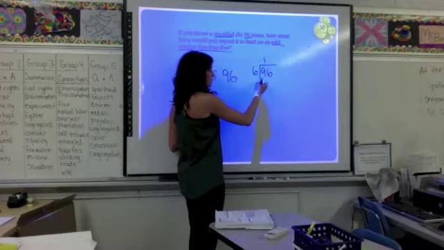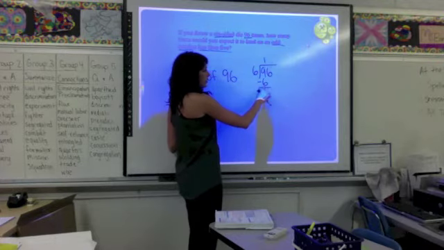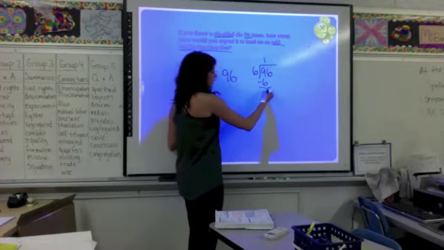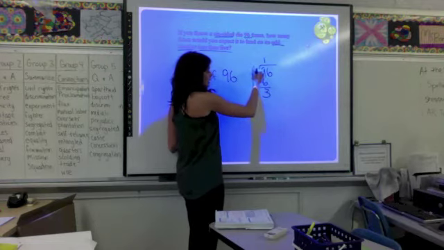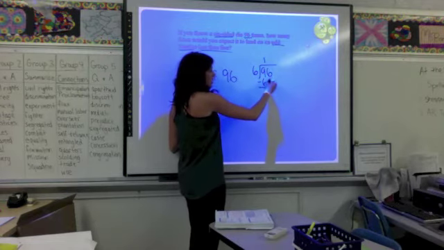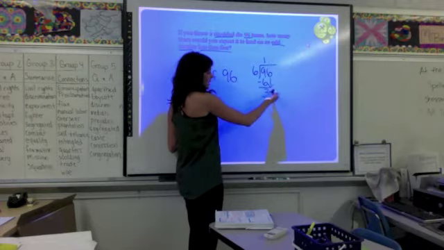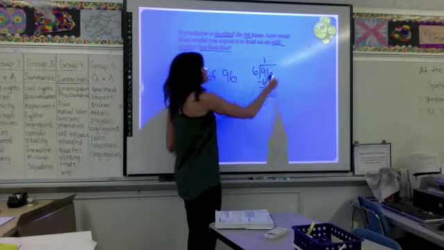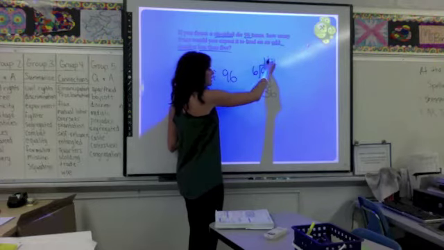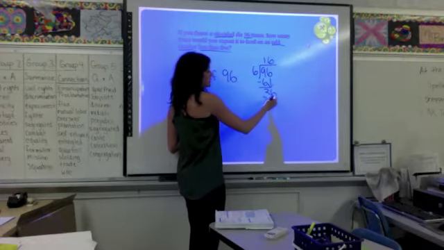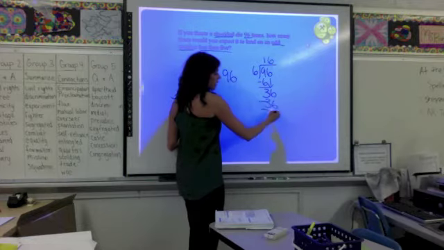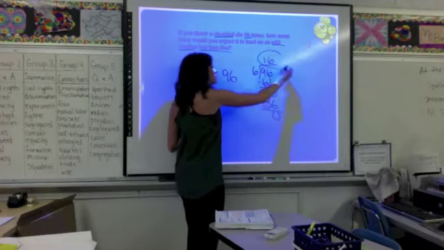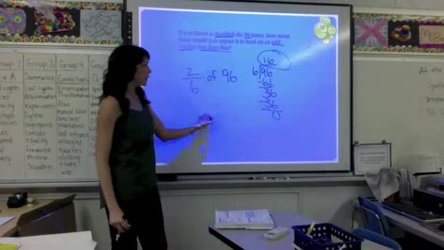So I write it below and subtract. 9 minus 6 is 3. 6 won't go into 3, so I bring down my next digit, which is a 6. 6 will go into 36. 6 times 6 is 36. I don't have a remainder, so I know that this is my final answer.